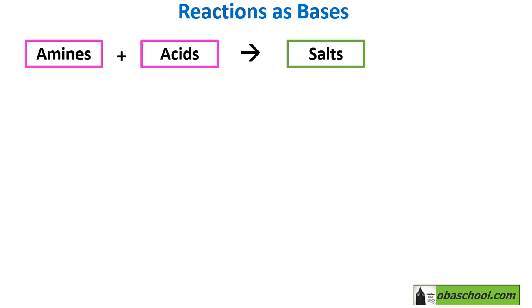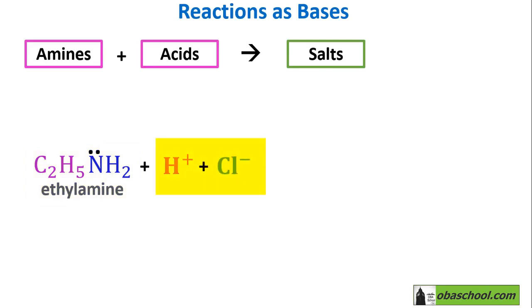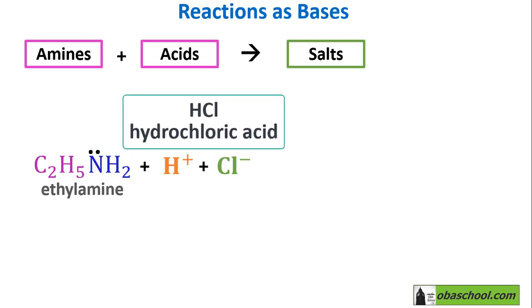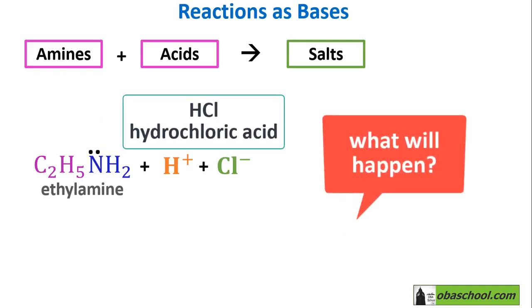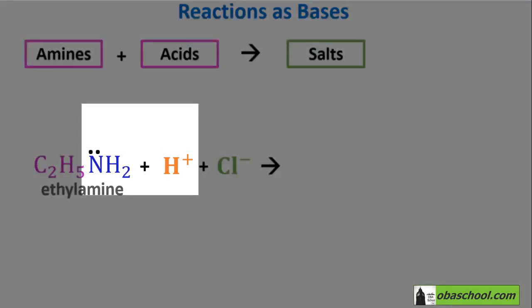Let's take a real example. If I have ethylamine and I allow it to react with an acid, which is H+ and Cl-, they form the acid HCl, which is hydrochloric acid. Together, if they react, what will happen? The lone pair found on the nitrogen of ethylamine will attract the proton of the acid.